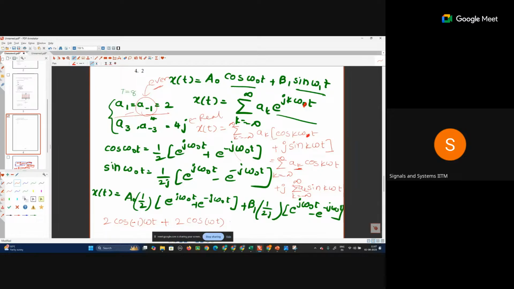And now I'll be doing the same with j times a minus 1, a1 is 2, twice of sine omega t plus again 2 sine minus omega t, right? And again we have to substitute this.